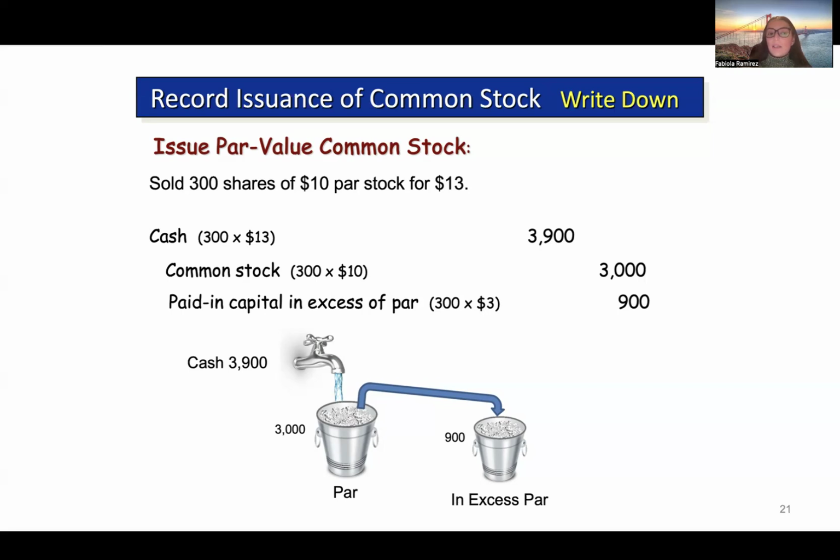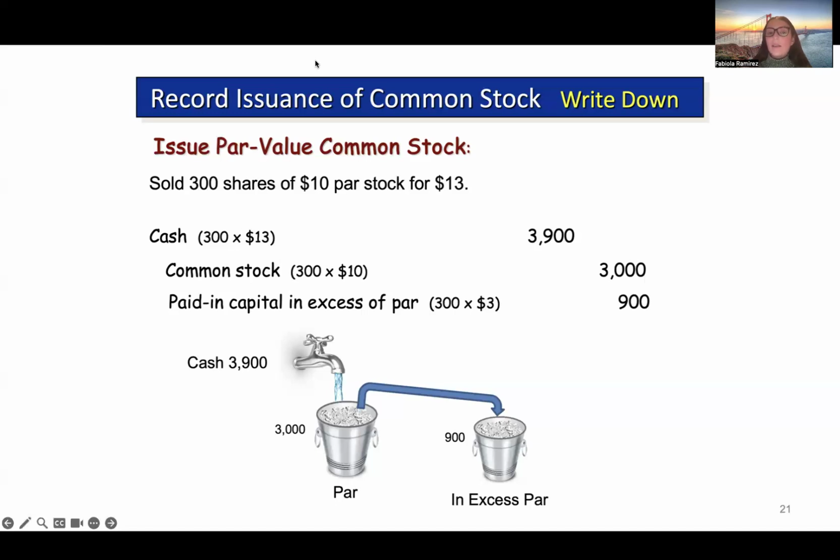So in this instance, we will debit cash. We will take our 300 shares and multiply it by the market value of $13. That is the amount of cash received. We credit common stock for the par value of the stock, the stated value. And the excess will be credited to an account called paid in capital in excess of par.